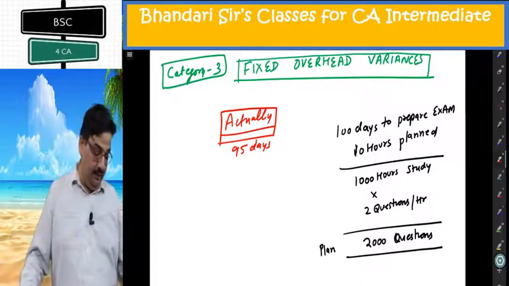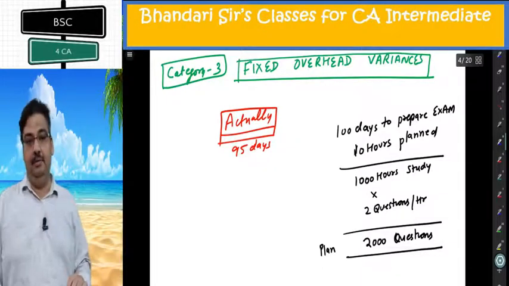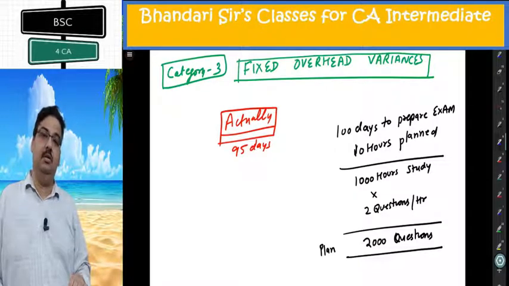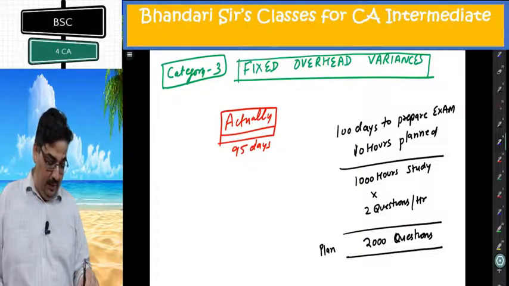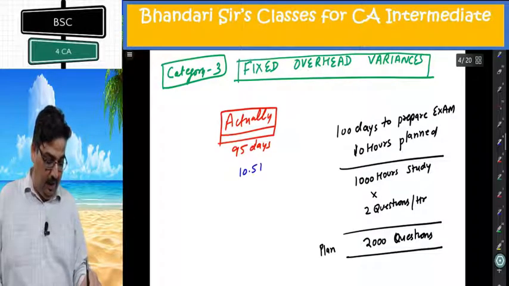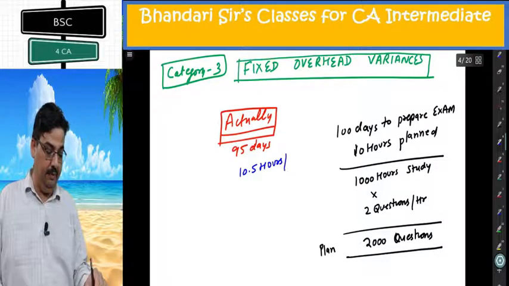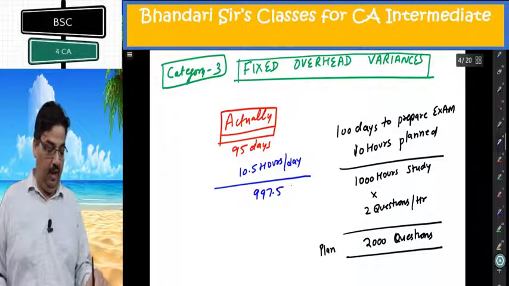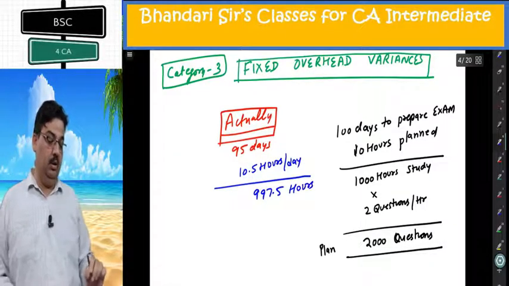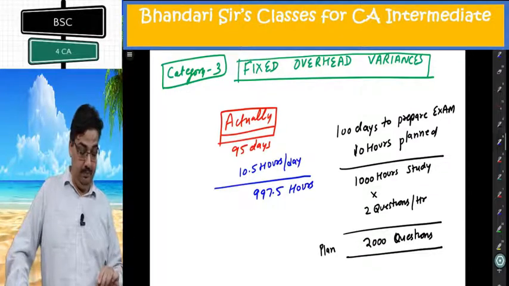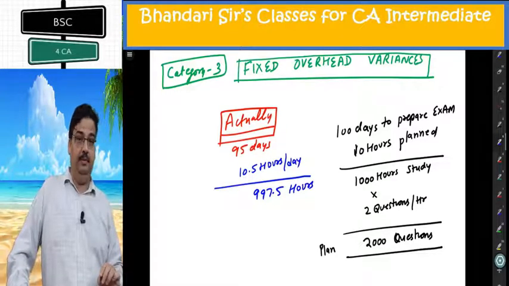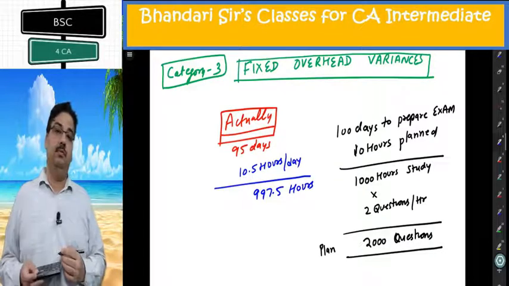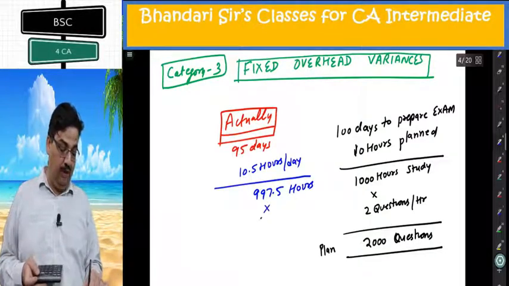You tried to compensate it. You studied 10.5 hours per day. You studied total 997.5 hours. Did not achieve target still. But you were efficient enough to solve 2.5 questions per hour.